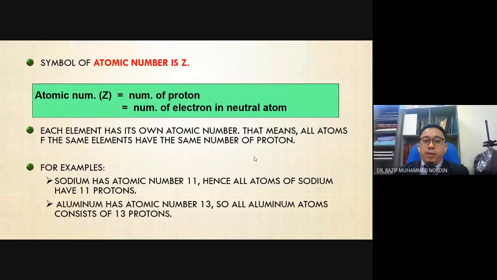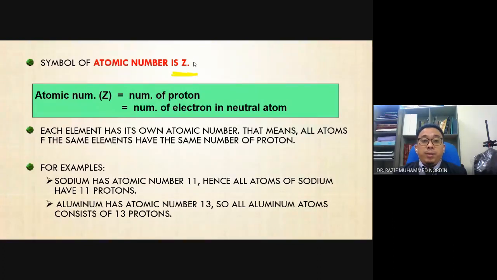Symbol for atomic number is Z. Dan bergantung kepada type of books that you use, you can redefine balik. Atomic number ni, if some books use X pun boleh, no problem. And there are difference between one book to another books between the symbol. Because bila you nak publish books, you tak boleh nak guna benda yang sama.